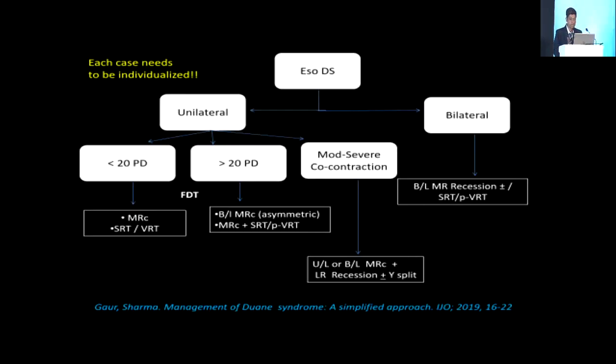You can do asymmetric bimedial recessions, or you may do a small medial rectus recession with a vertical rectus transposition. Co-contractions will require that you tackle the lateral rectus also, because that is the source of the co-contractions or abnormal firing of the lateral rectus. And of course, in bilateral cases, you may have to do both eyes and manage each eye individually.